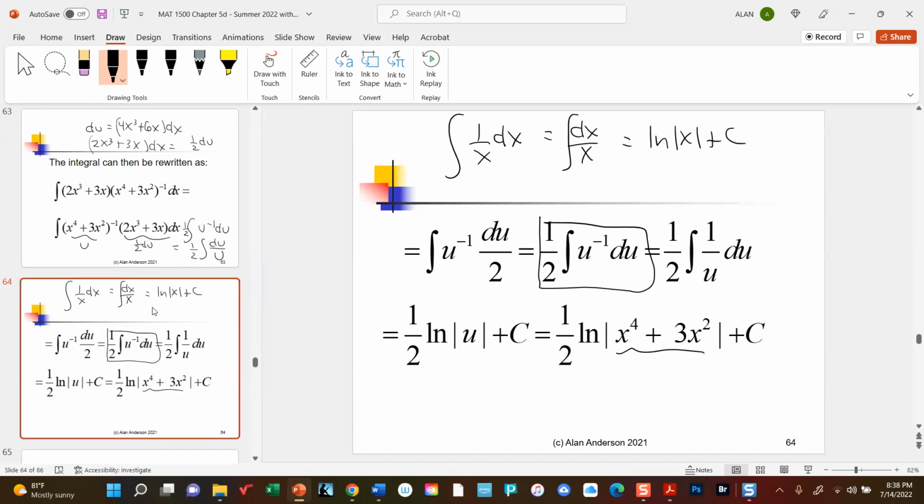Remember, u equals x to the 4th plus 3x squared. So ultimately, the bottom line is this is the final answer.